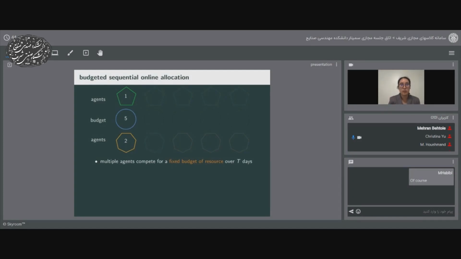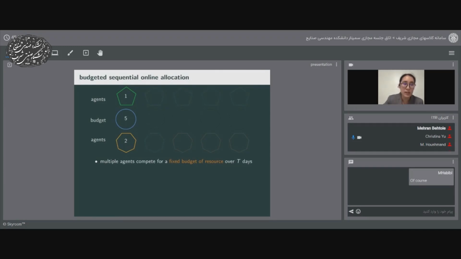online setting. And to formulate the problem in an abstract sense, we will assume that you have a certain budget. Let's say the budget here is 5 units of a resource, and at each time there may be 2 different types of agents, the green agent and the yellow agent, and they have different utilities or different demands for the resource.